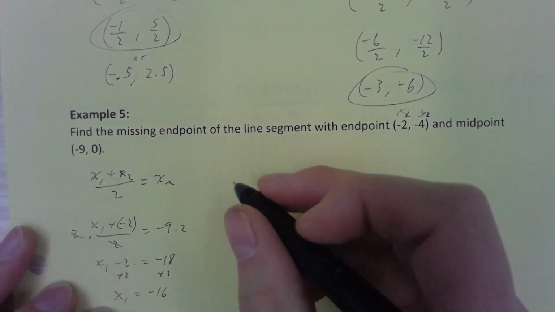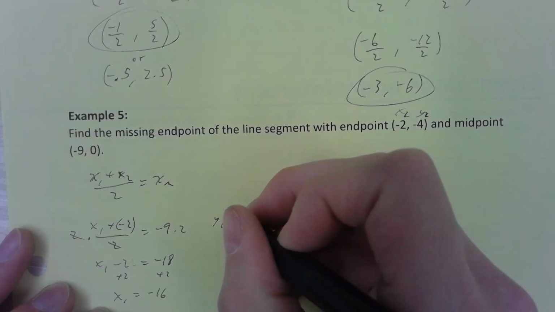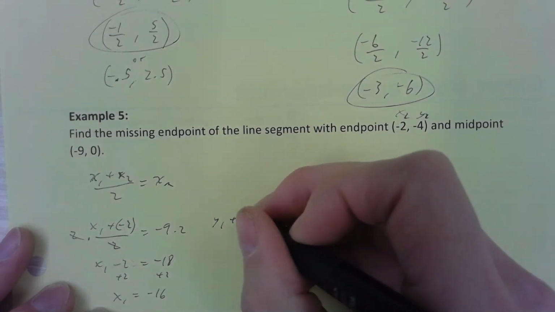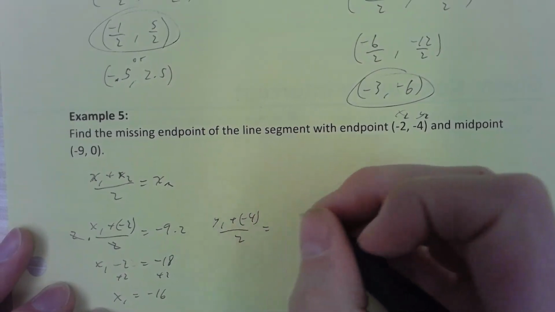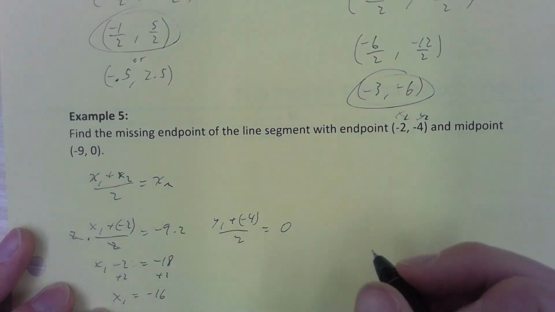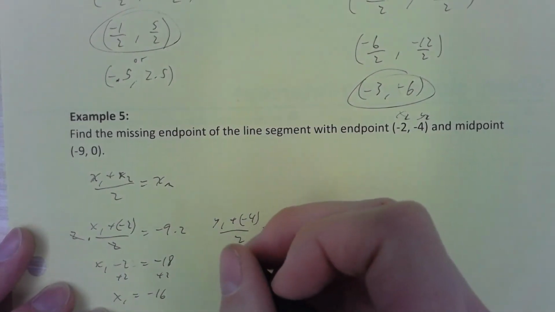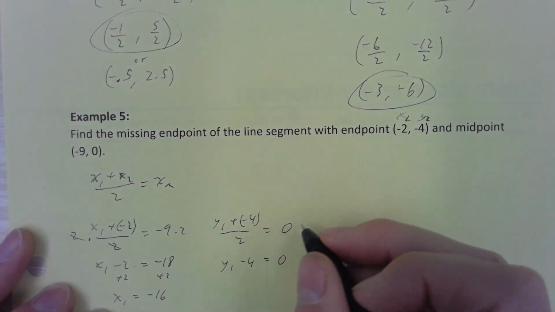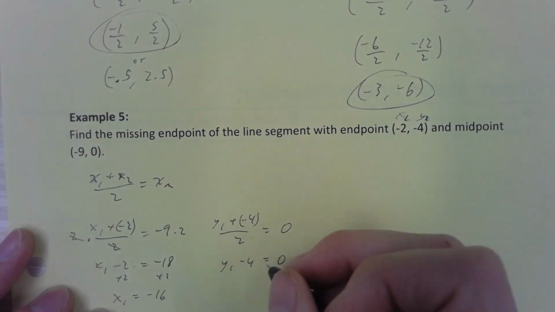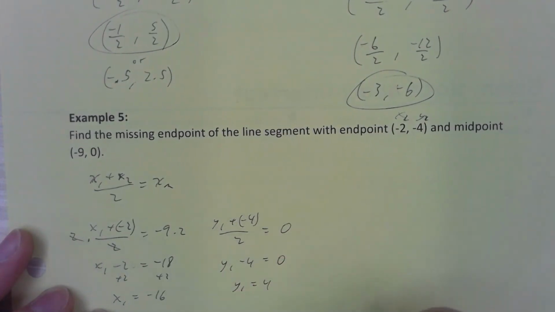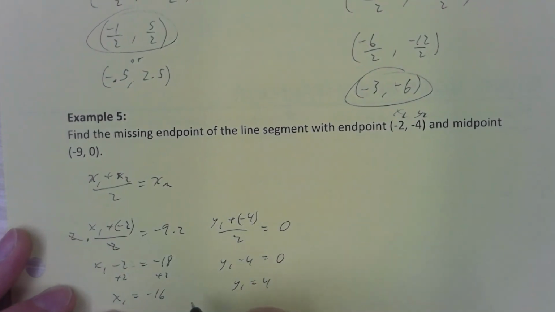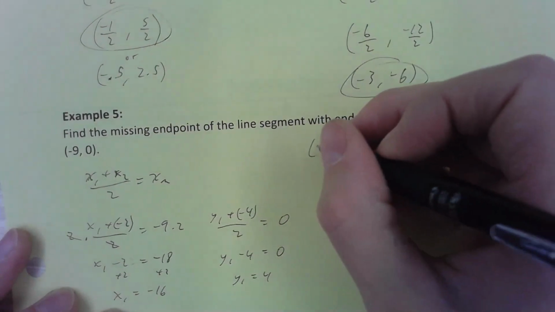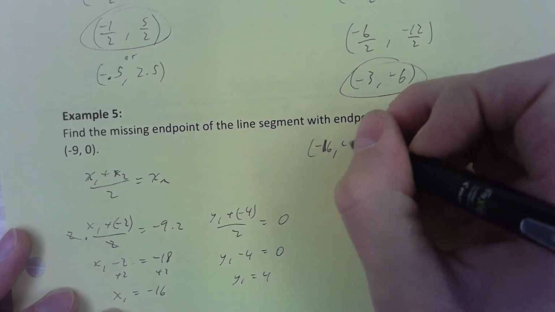And we'll do the same thing with our y's. y1 plus our other y endpoint, negative 4, over 2 equals 0. So multiply both sides by 2 to get y1 minus 4 equals 0. 0 times 2 is still 0. Add 4, and y1 equals 4. So the other endpoint is the coordinate negative 16, 4.